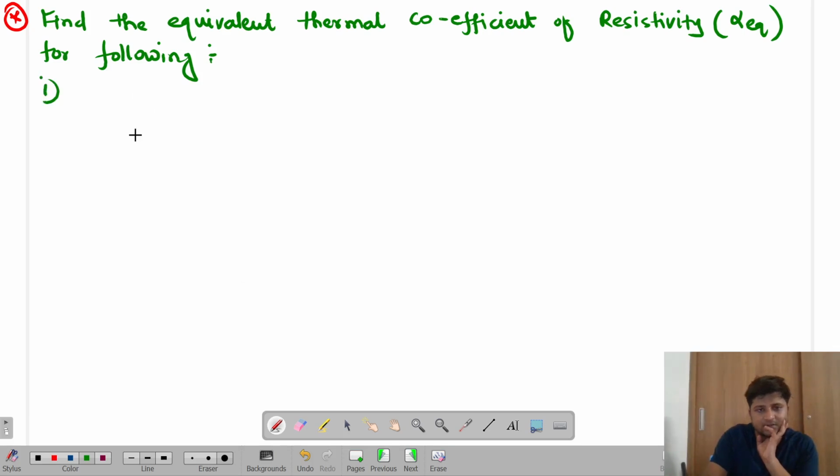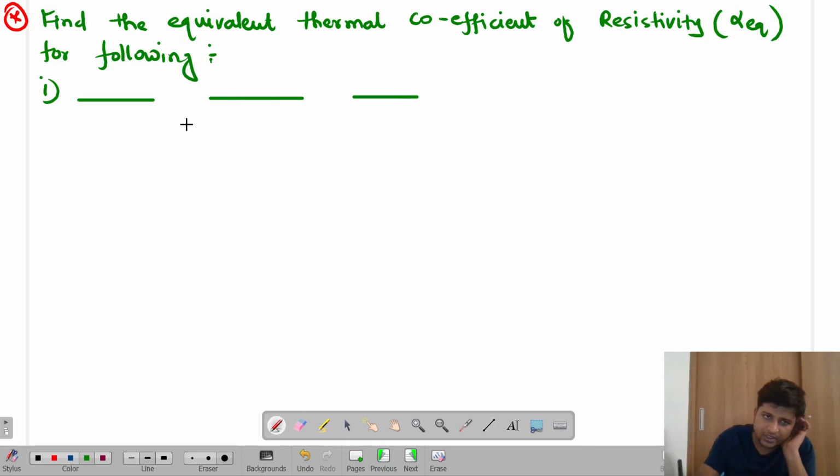First one is when the resistors are connected in series. This is R1 alpha 1 and this is R2 alpha 2.